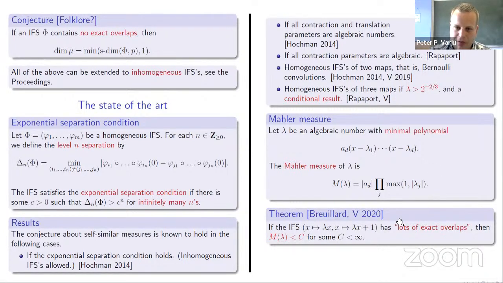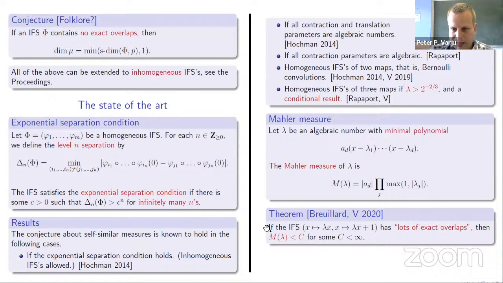Okay, so one of the ingredients in the proof of the case of 2 maps is this result that I proved with Emmanuel Breuer.